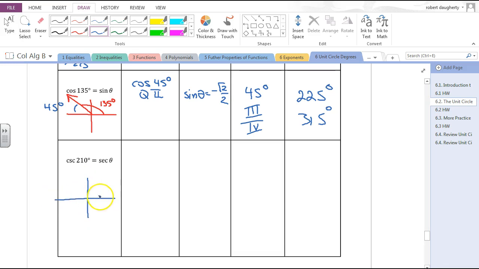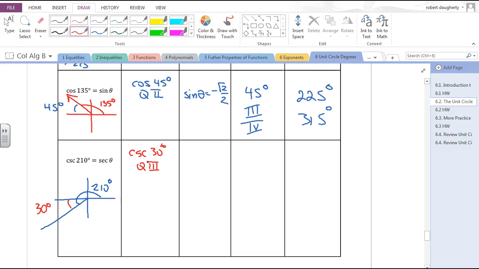You may already know that. So if that's 210, what is the central angle there? 30 degrees. So I've got to figure out the cosecant of 30 degrees in quadrant 3.